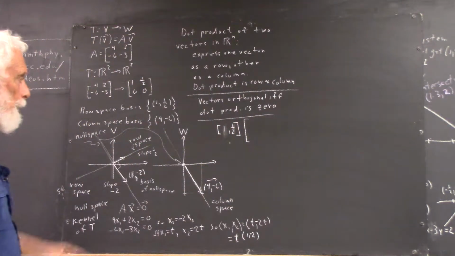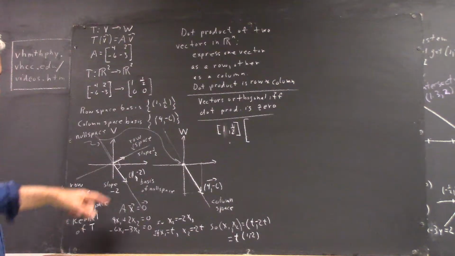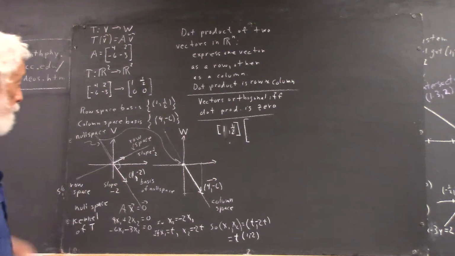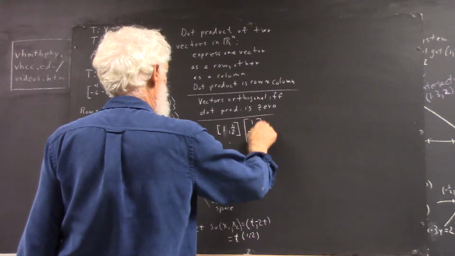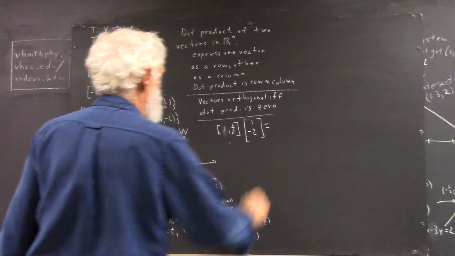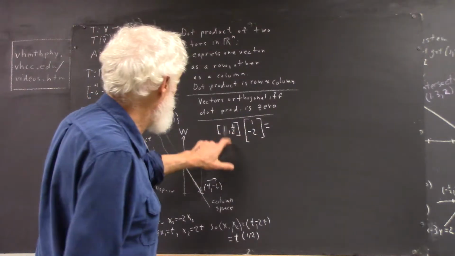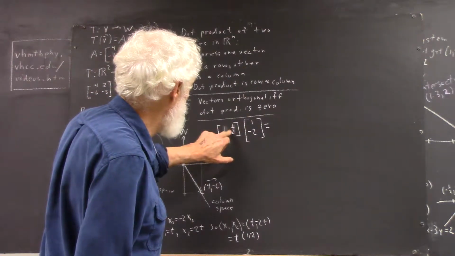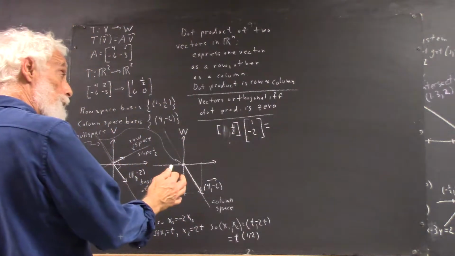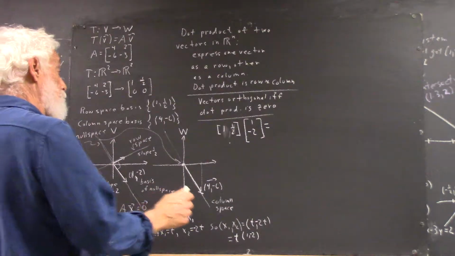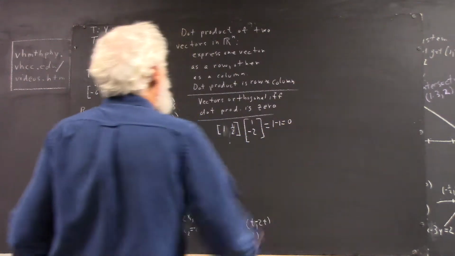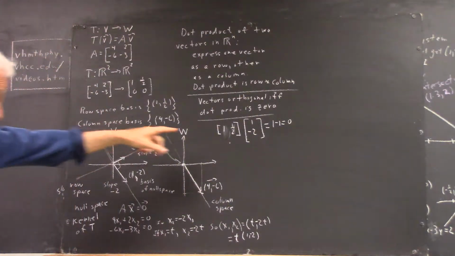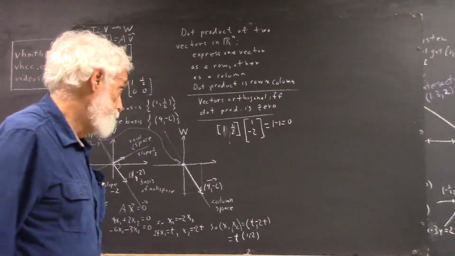We'll choose to make this one the row, and we'll make this basis vector from the null space the column. Well, if I multiply this row by this column, I get 1 minus 1, which equals 0.